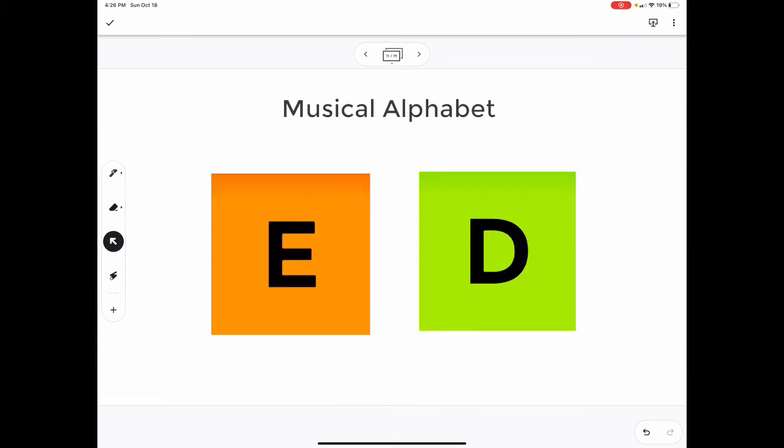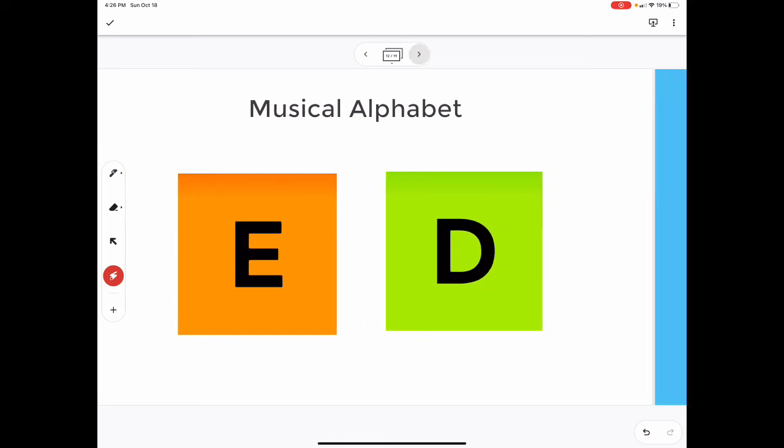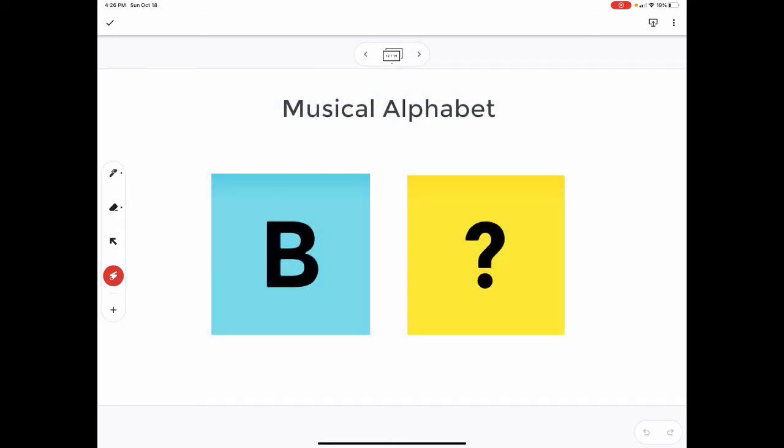It would be a D. Okay. Why? Because D comes before letter E, going backwards. All right. And then finally, if I was to say, what's the letter that comes before letter B, going backwards in the alphabet? Then you would say that it is A. Okay. So very important that we know our alphabet going backwards as well.